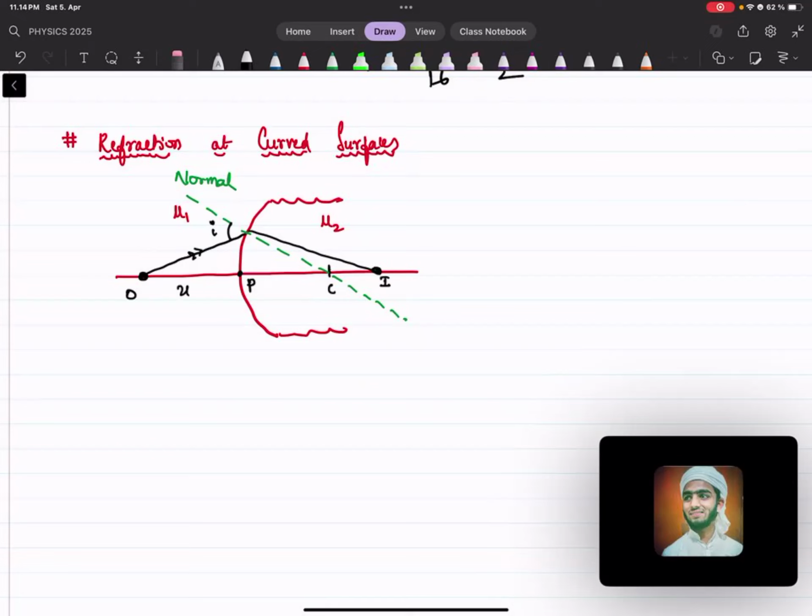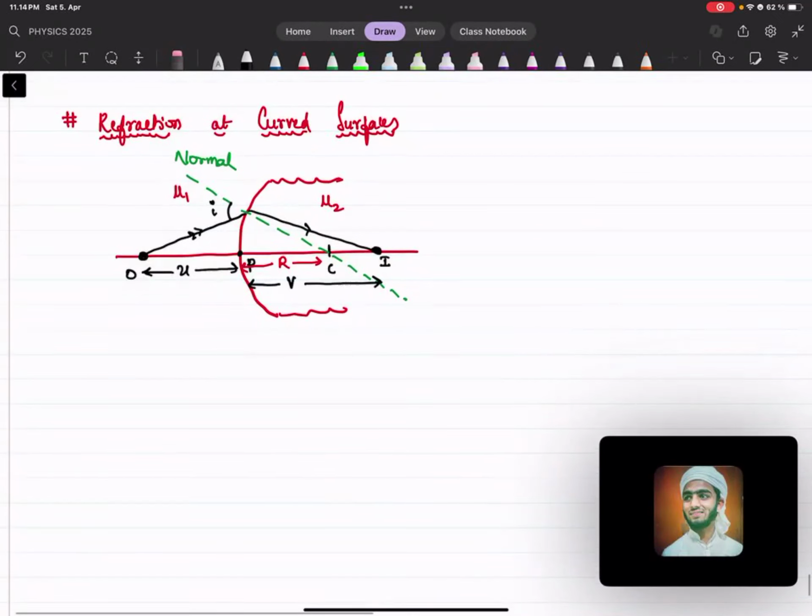Object distance is represented by U and image distance is represented by V. And distance from pole to the center is known as radius of curvature. That is nothing but equal to your R. Terminologies. Am I clear? Now we are talking for small angles, beta.